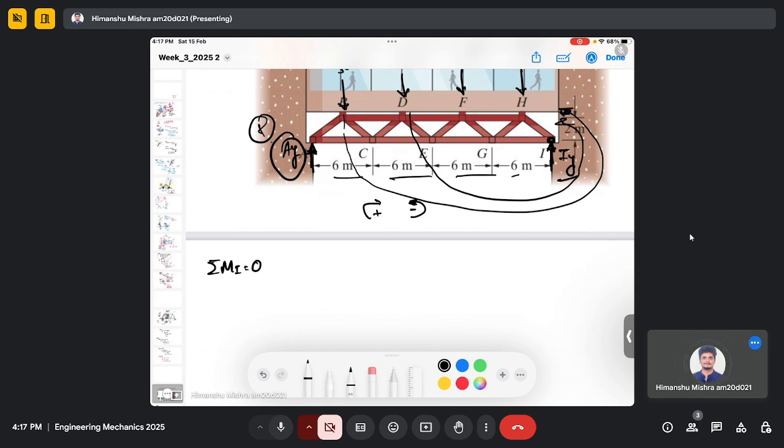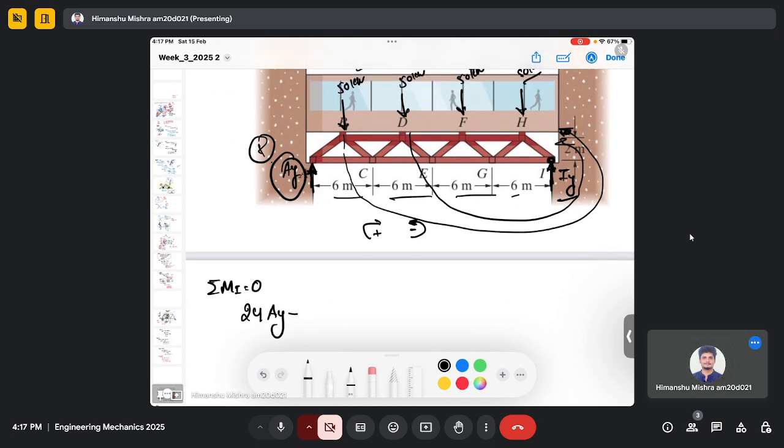So we have 24 AY minus 50 multiplied by the distances.